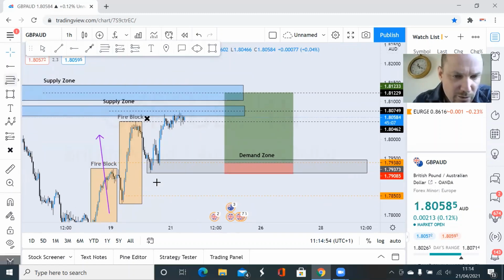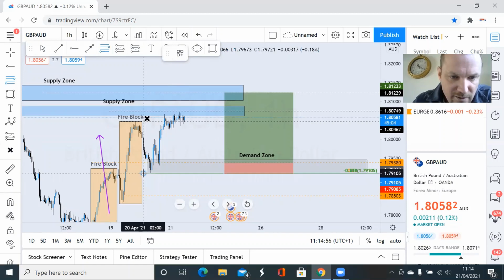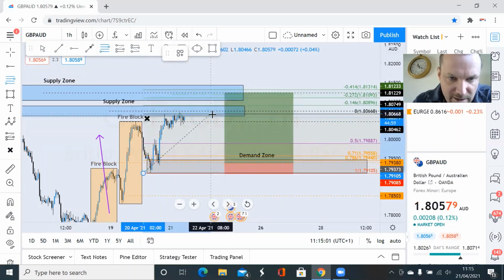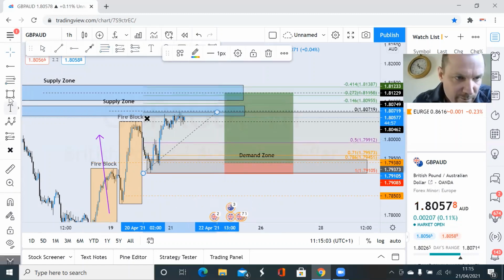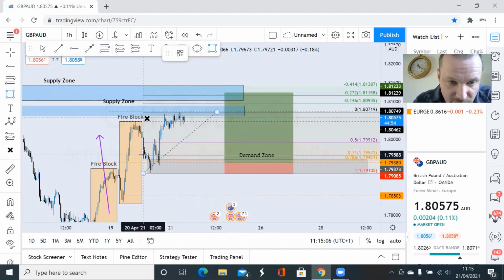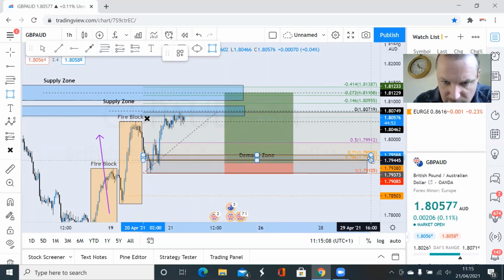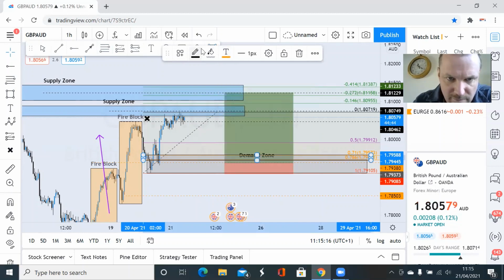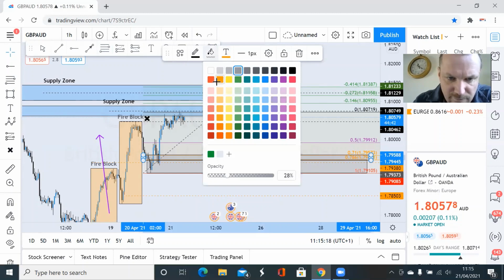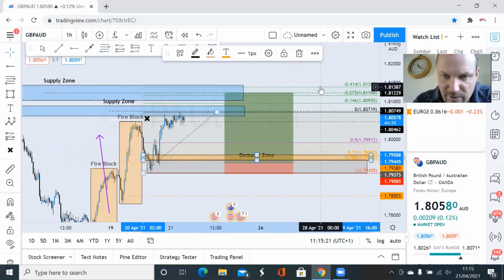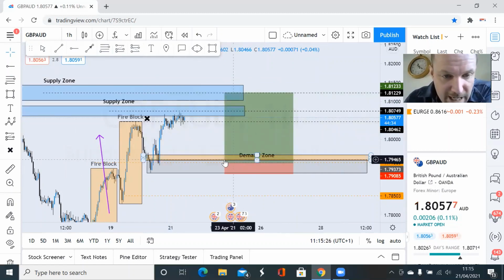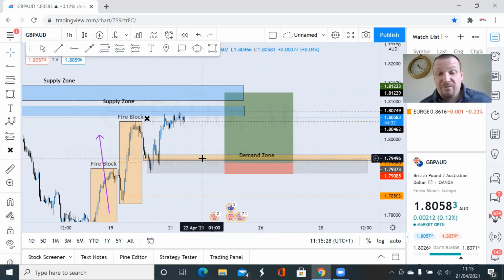And again, just out of curiosity, if we do the fibs from the bottom to where we've got the top on the break, you can see we've got the money zone. If we bring the money zone into it now, get rid of some of the noise, you can see we've more or less got an entry here on what we would normally use on the fibs.